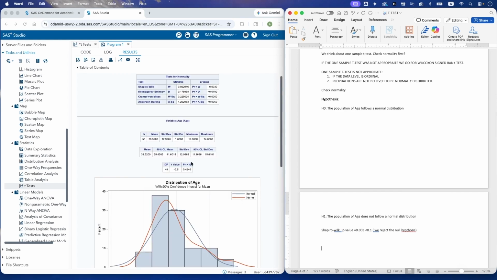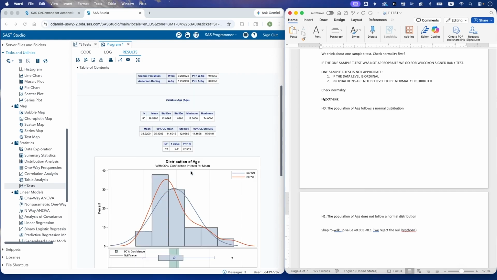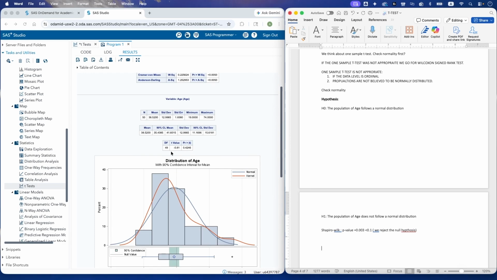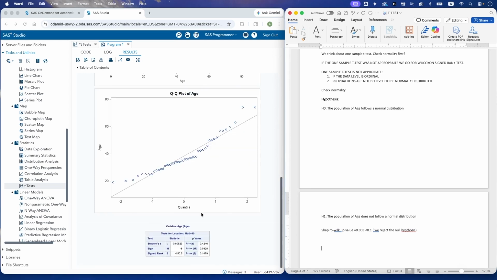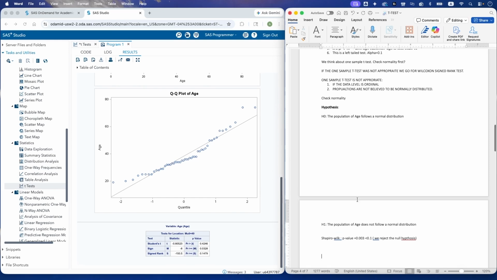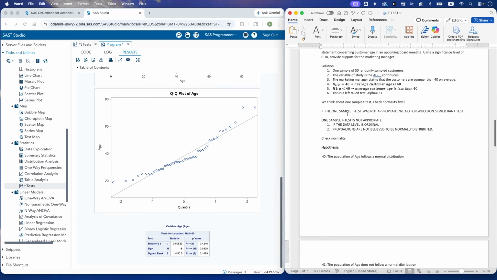We will not read the t-test table because we said this is not going to work, so we will not be reading this. It's not going to give a reliable answer. So what we do, we're going to use the Wilcoxon signed rank test. And remember, the Wilcoxon test is used to test hypotheses about the population median. So I go back and change this to median.